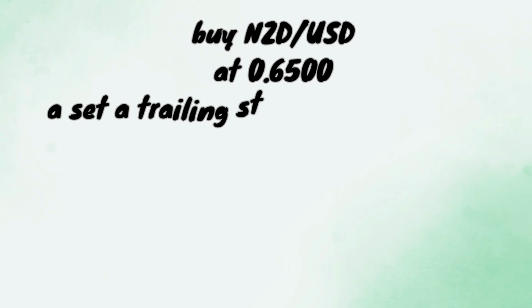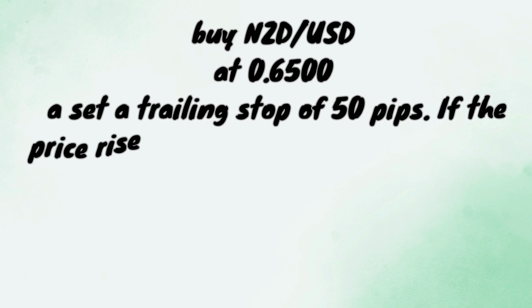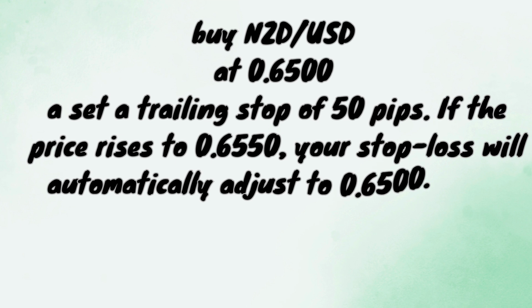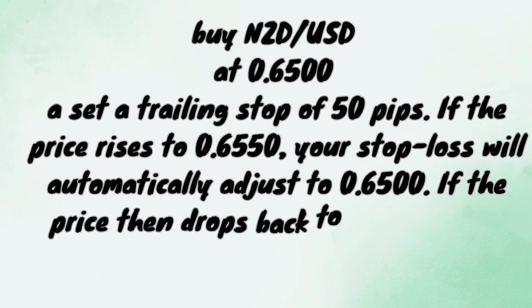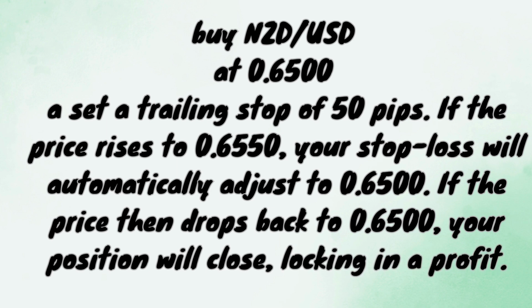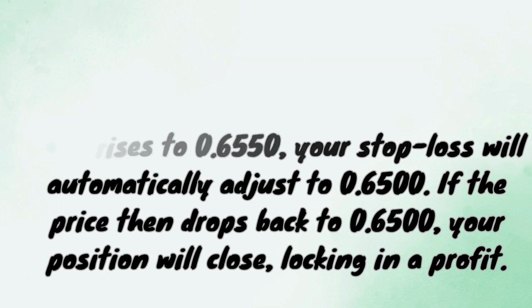So if you buy NZDUSD at 0.6500 and you set a trailing stop loss of 50 pips, if the price rises to 0.6550, your stop loss will automatically adjust to 0.6500. If the price then drops back to 0.6500, your position will close, locking in a profit.